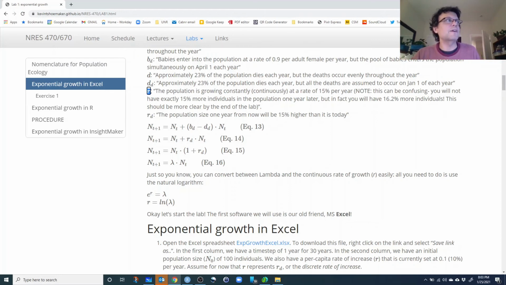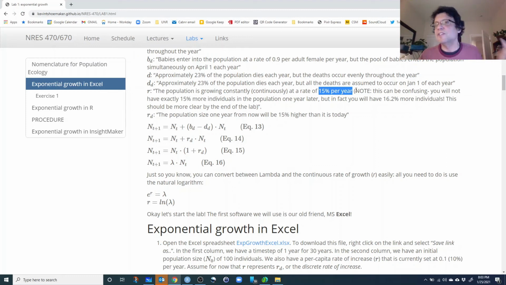And we can think about r as well, the intrinsic rate of population growth. Usually we think of it as a continuous rate. So the population is growing constantly or continuously at a rate of 15% per year, for example. This can be somewhat confusing because little r, the intrinsic rate of population growth, is say 15% per year, so it's already in units of per year.